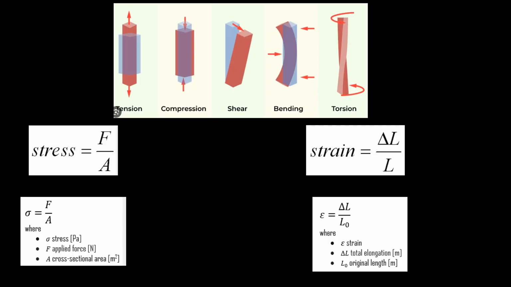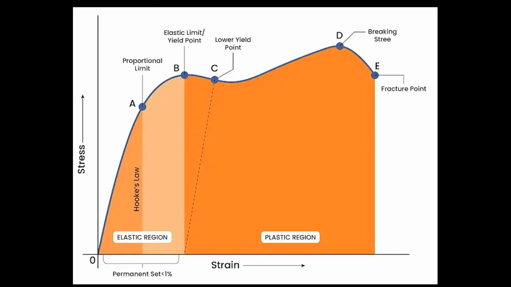Now coming to the next part, whenever we apply some force we can measure at what point it is going to break or something like that, right? For that we define two parameters, one is stress and one is strain, and we have a stress-strain graph as well. So this will tell you whether a particular material is going to be plastic or elastic, in what region, and what is the maximum strain and stress it can hold, right?